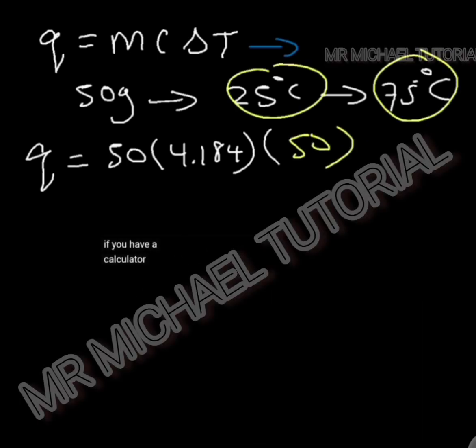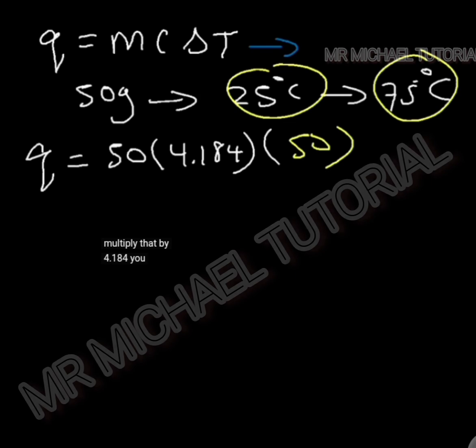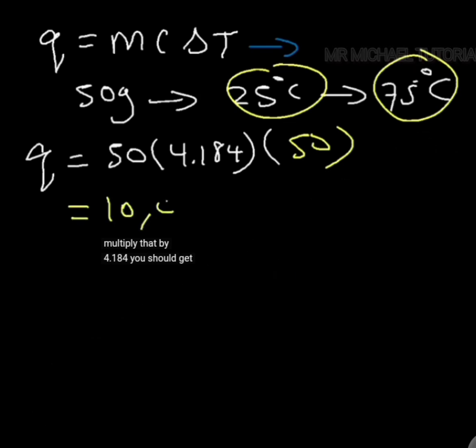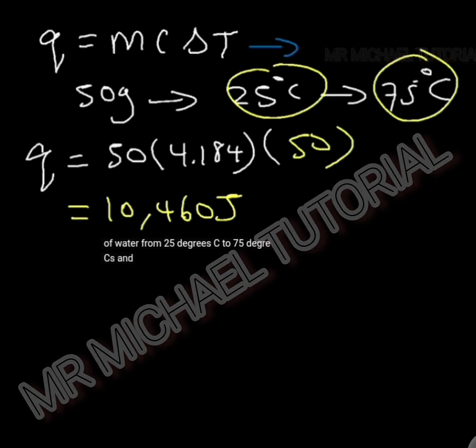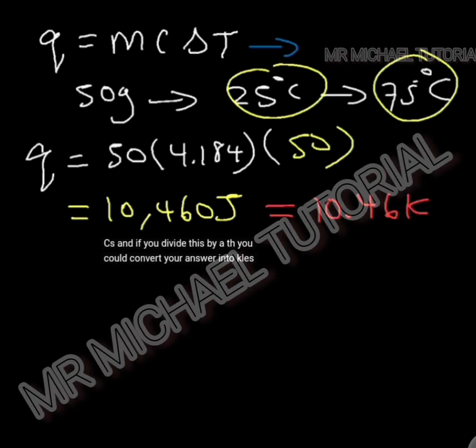If you have a calculator, 50 times 50 is 2,500, and if you multiply that by 4.184, you should get 10,460 joules. That's how much heat energy is required to heat up 50 grams of water from 25 degrees Celsius to 75 degrees Celsius. And if you divide this by 1,000, you can convert your answer into kilojoules if you want to.